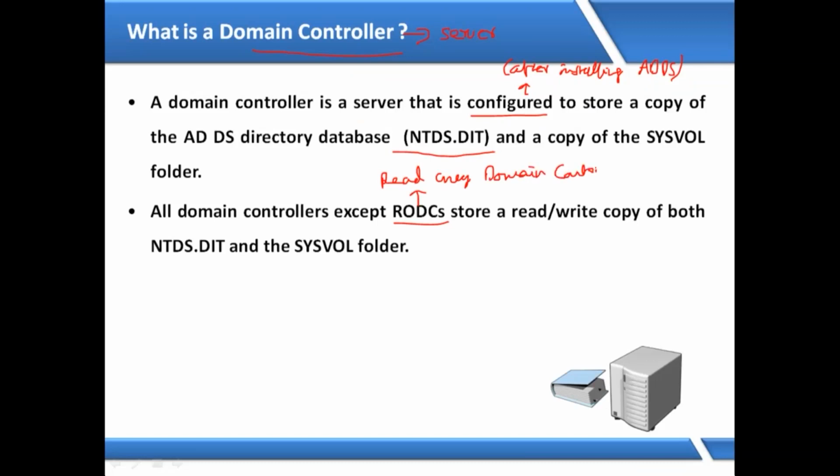Suppose a company has multiple branches. In one of the branch offices, there is no senior administrator. In that branch office also, you need to maintain a domain controller setup. You are using that branch office only for monitoring purposes. So what you can do there is configure an RODC, a read-only domain controller.